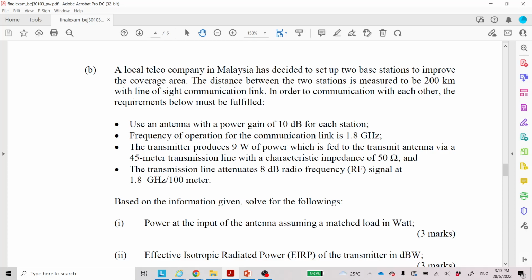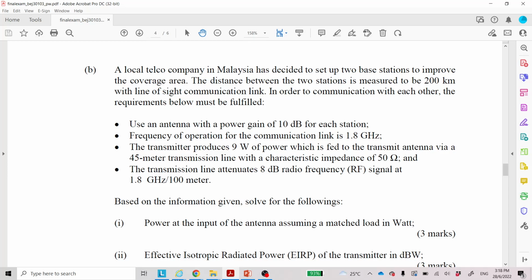So you see that the transmission line attenuates 8 decibel at frequency 1.8 gigahertz for each 100 meter of cable from the transmitter to the antenna.